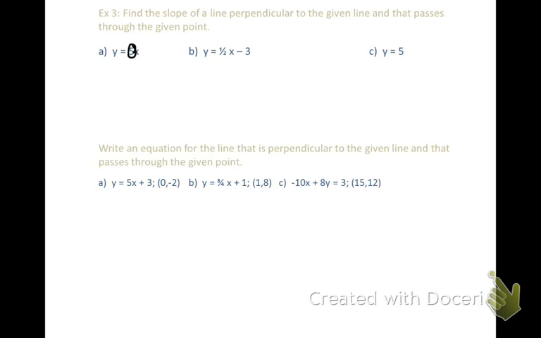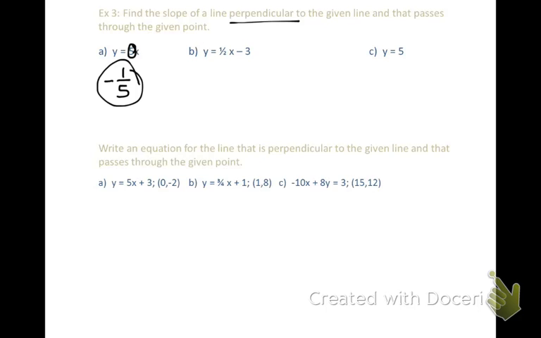So I want to do the perpendicular of it, so we're going to do the opposite of 5. First of all, it's going to be negative because 5 is positive. And then we do the reciprocal of 5, which would be 1/5. And there's your answer for example 3, this first section.